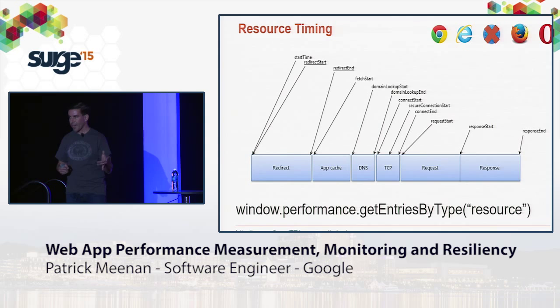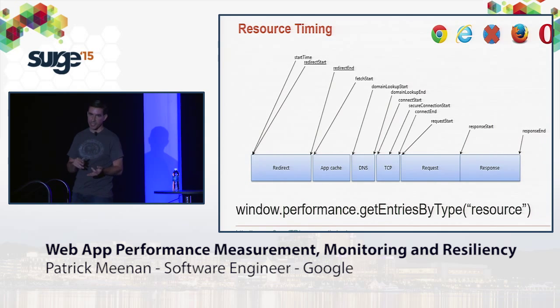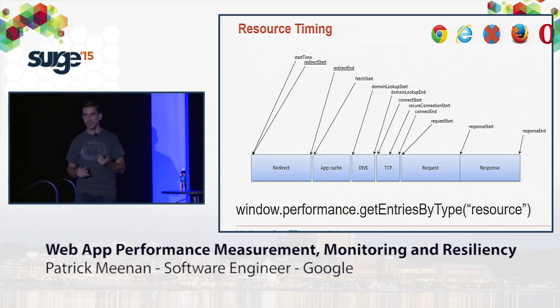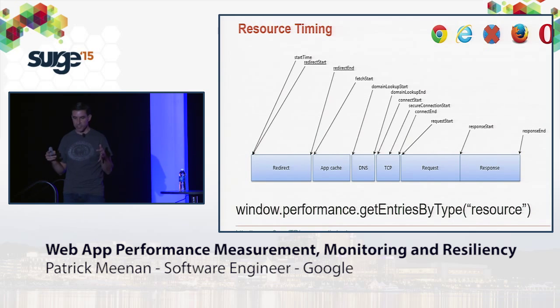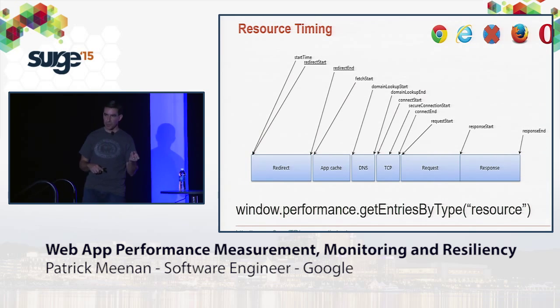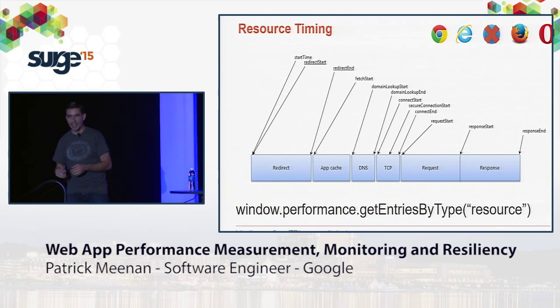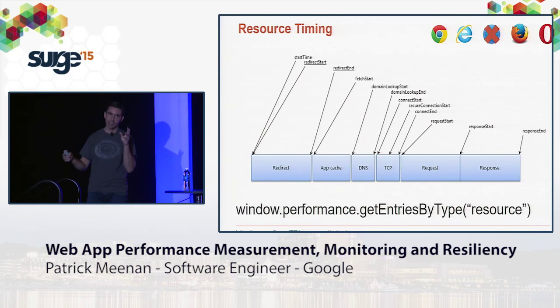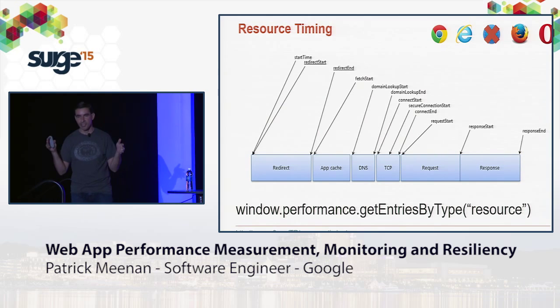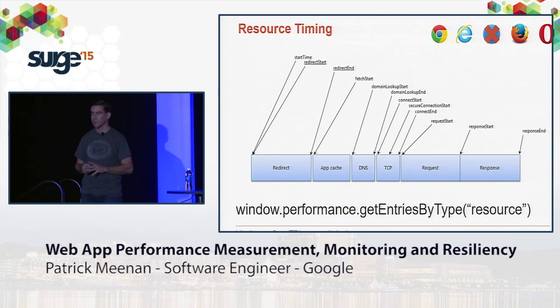If you want the granular DNS, TCP connect time, first byte time, and content downloaded for the individual requests, it either needs to be from the same origin, or the server needs to respond with a Timing-Allow-Origin header. I usually just do star, and encourage you to use that header for any content that goes through your CDN as well, so you can see the performance timings.